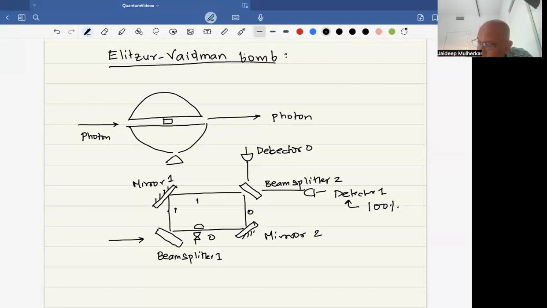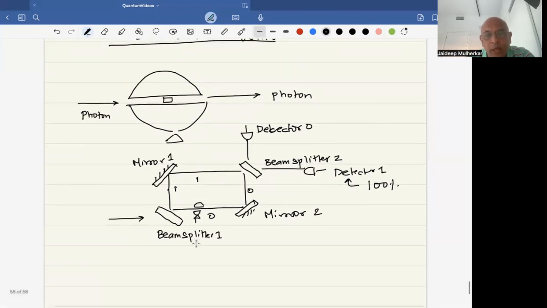So if the bomb is working, then 50% of the time the photon hits detector 1, and 50% of the time the photon hits detector 0. So the probability of getting detected at detector 0 is actually overall 1/4, right? And this way you can detect whether the bomb is working or not without blowing it up, right?